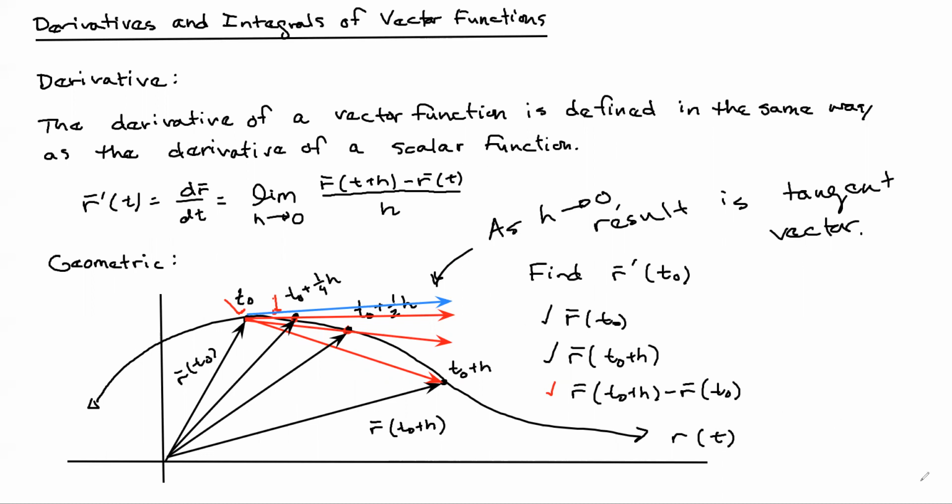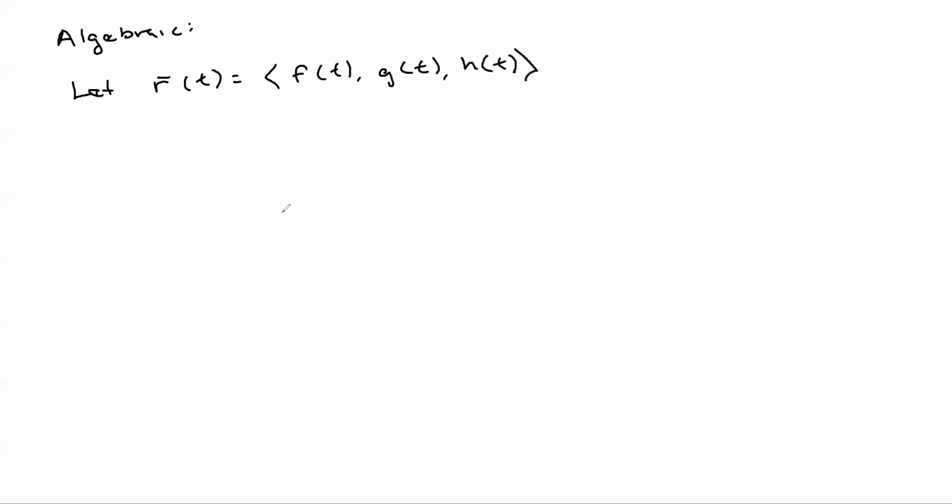So next, the second consequence is in terms of actually going through and calculating it, right? Algebraic, we could go through and look at the algebraic result. So if we've got r of t equals f of t, comma g of t, comma h of t, then r prime of t equals the limit, and I'm going to change from h, because we have an h over here, as h goes to 0, I'm going to change it into change in t.